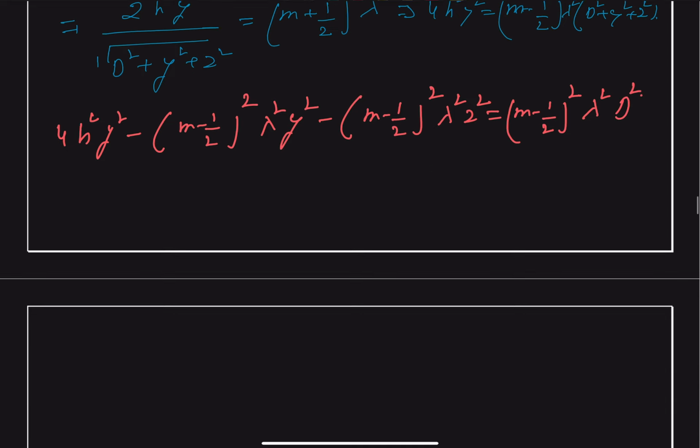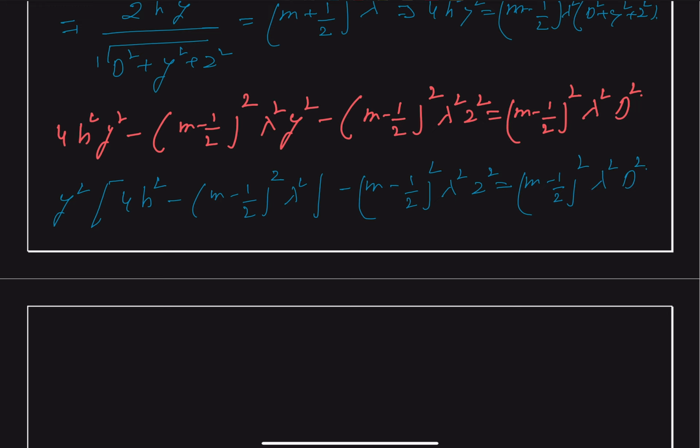And y square we can take common, so we get y square will be equal to 4h square minus 1 minus 1 by 2 whole square lambda square, and z square is equal to minus 2 whole square lambda square and d square. Now this is nothing but a circle.